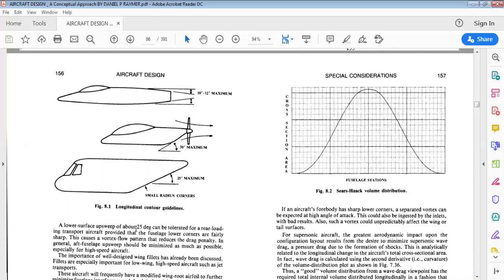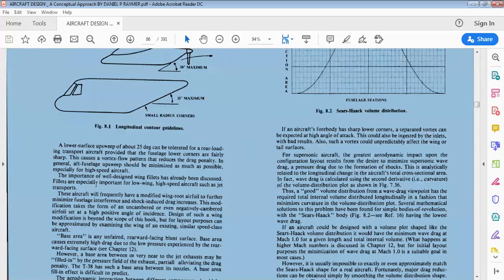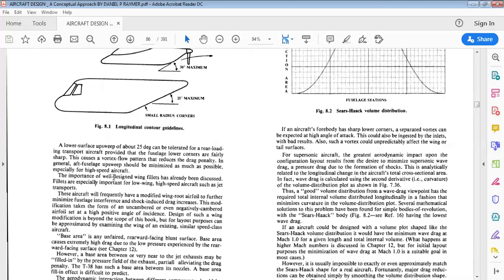A lower surface upsweep of about 25 degrees can be tolerated for a rear loading transport aircraft, provided for the fuselage lower corners. These are called the lower corners. Also, the importance of well-designed wing fillets has already been discussed. The fillets are especially important for a low wing. These fillets, we will call them, are used whenever you fix the wing, for a low wing high-speed aircraft such as a jet transport.